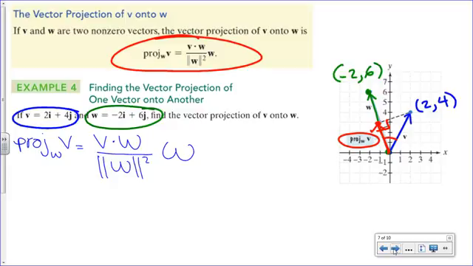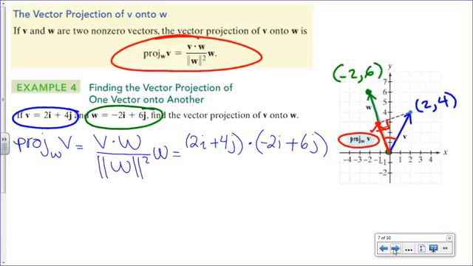And so to start, I'm going to make my substitutions. And so remember the dot product, it is pretty simple, but I'm still going to write down the vectors. So the first vector is vector V, so that one has 2i plus 4j. And vector W is negative 2i plus 6j.